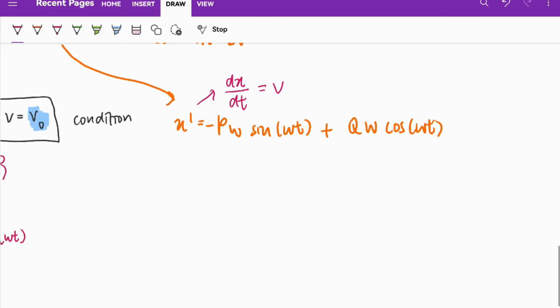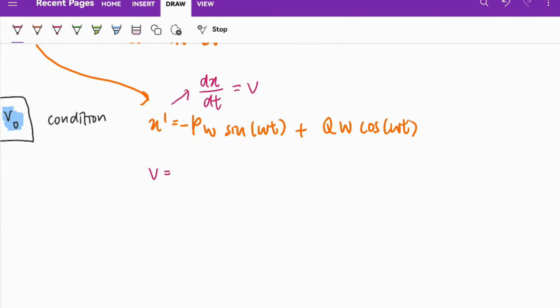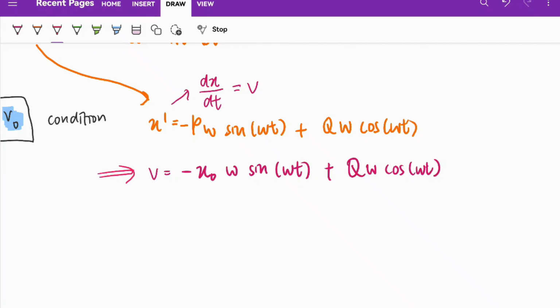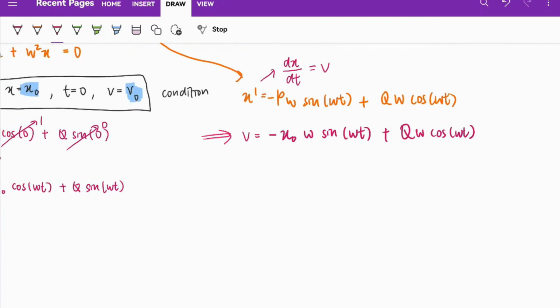So I'm writing it as velocity equals negative P, we know already, which is x naught, right? X naught omega sine omega t plus Q, which we are going to find in a while. So this is our updated equation. Okay, now let's solve for Q.